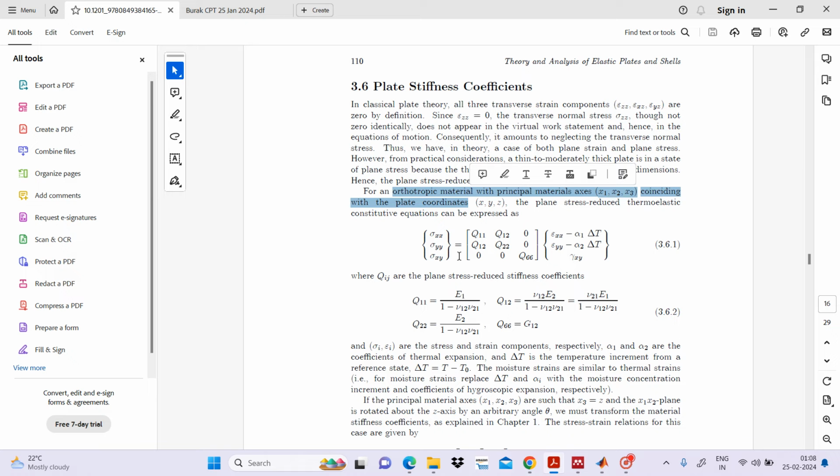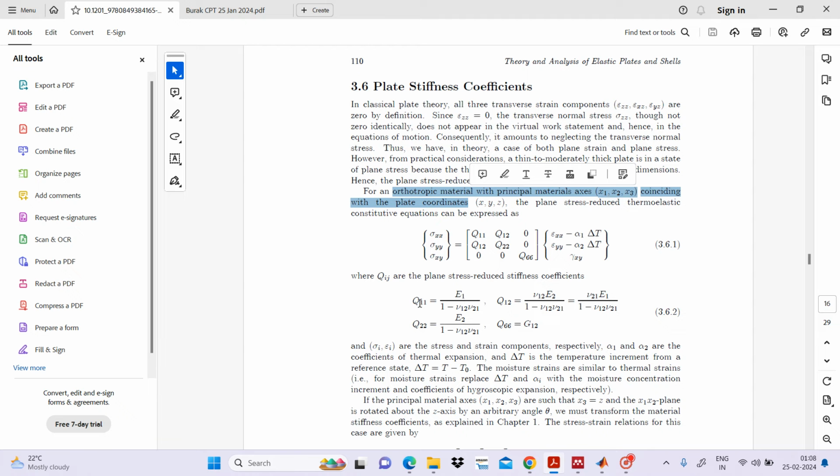Then sigma xx, sigma yy, sigma xy would equal this constitutive matrix times the strain. Alpha times delta T is the thermal strain. We are not talking about thermal right now, so we will neglect it and place zero for that. We are only interested in the mechanical strain, not the thermal.